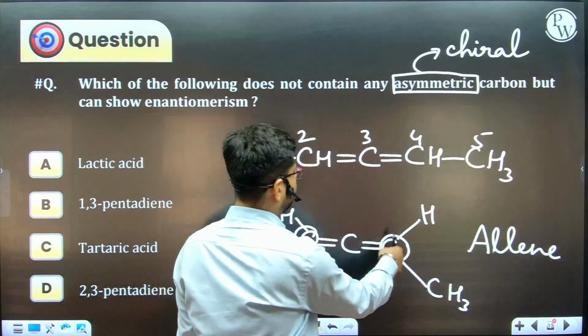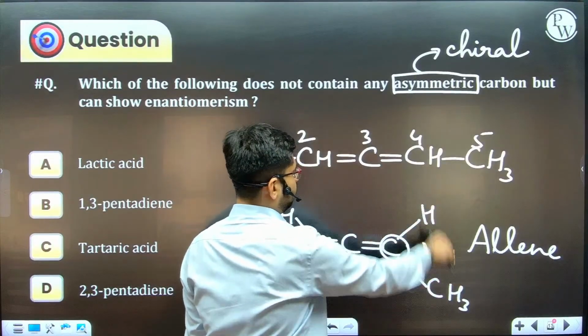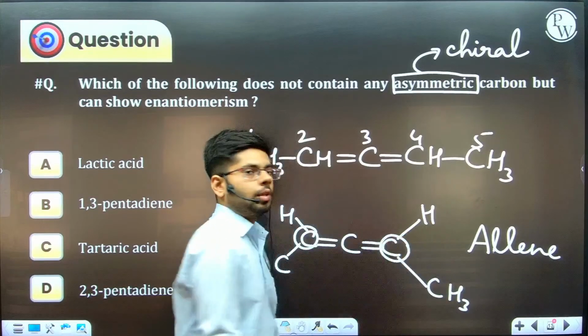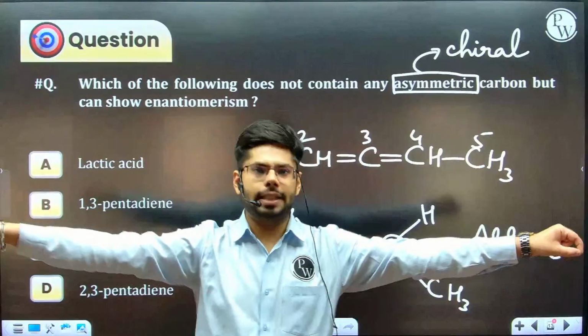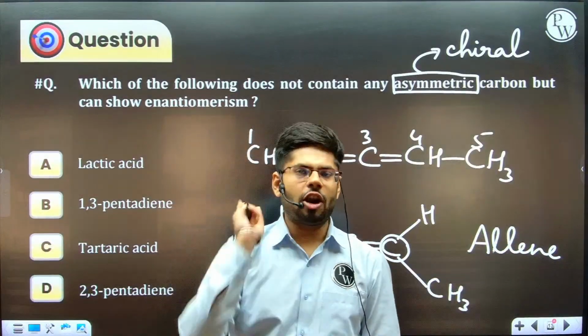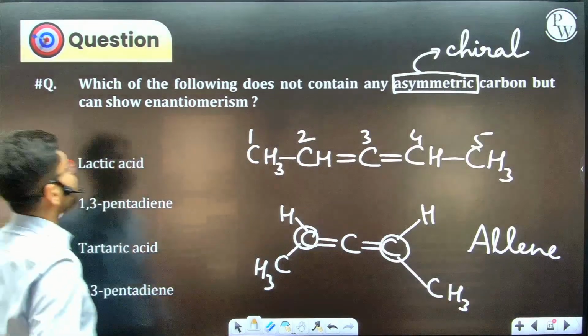Also, if you look at this extreme carbon, then there are two different groups, H and CH3, attached to this extreme carbon. So you have to look at the extremities of an allene. If each extremity has two different groups, the overall compound is optically active, and so we'll say that D is the correct answer.